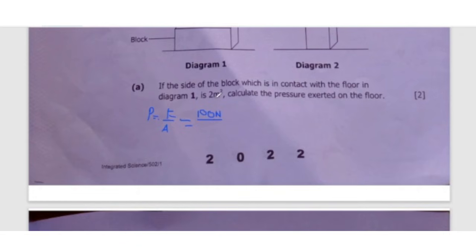The area given is 2 meters squared. So we're going to say this is 2 meters squared. Let me also write squared up there.